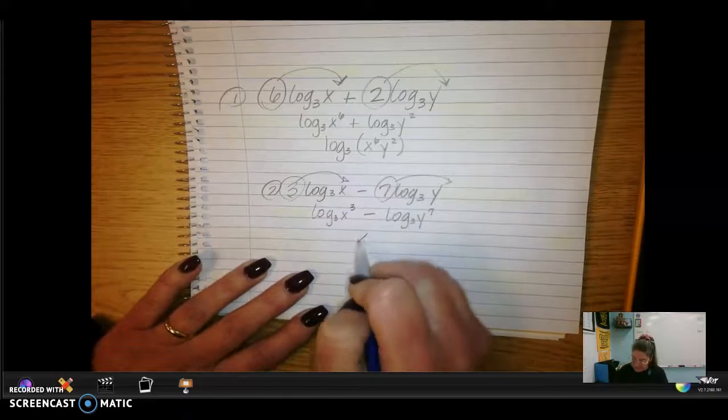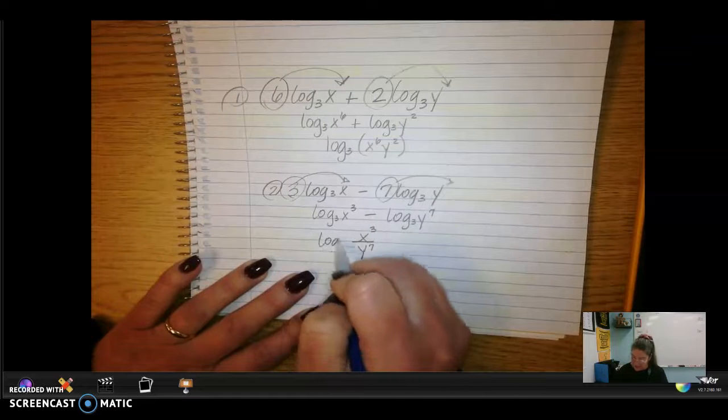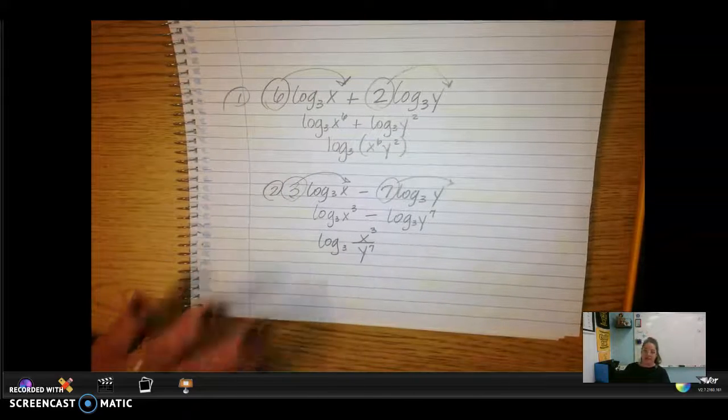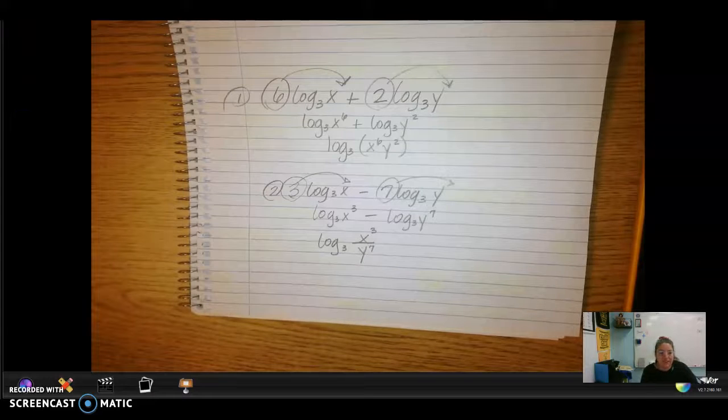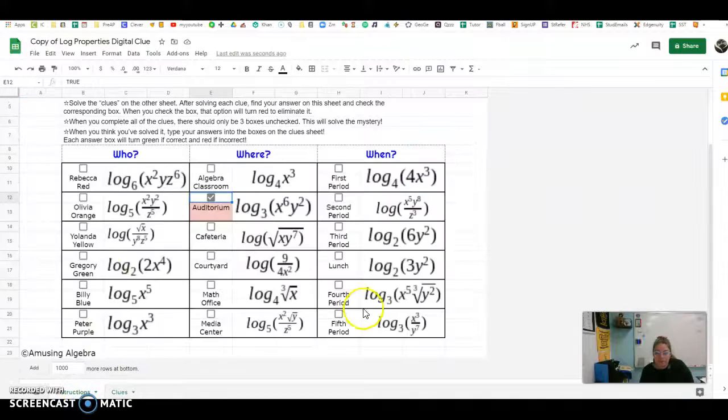And then we put it together and divide. So we have x cubed divided by y to the 7th, and we're finding the log of that with a base of 3. So let's go find that answer on the instruction page, and that is right here, so it's not 5th period.